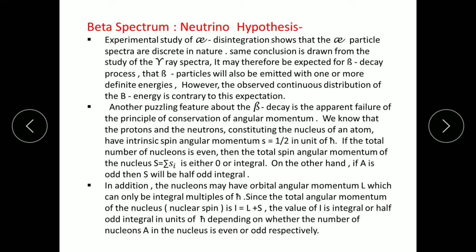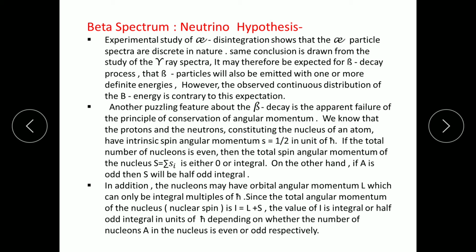Means that the continuous distribution of the beta energy is contrary to our expectation, as we expect like that of alpha and gamma ray spectra. That is one contradictory point from the beta spectra.